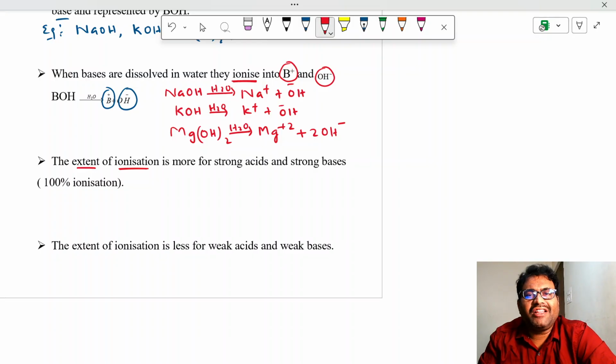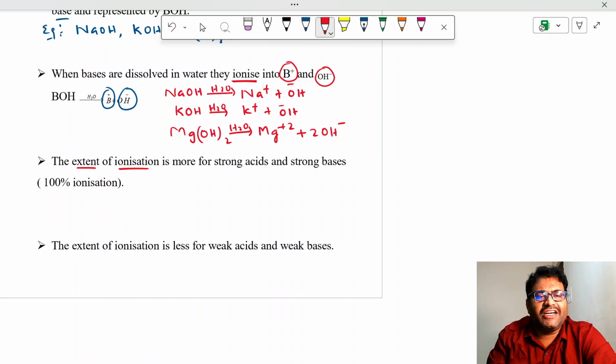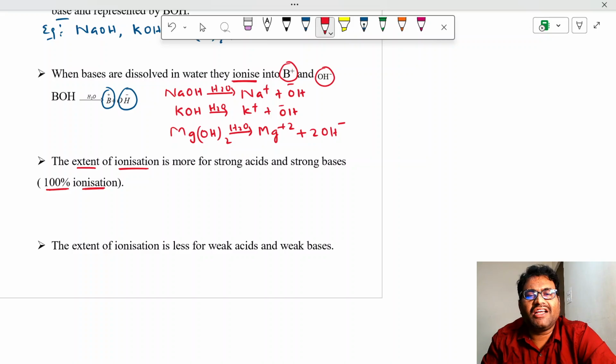When they are ionizing 100%, then they are called strong. They come under strong electrolytes, strong acids, strong bases. So when do we say that they are strong electrolytes? That means strong acids or strong bases. We say that when their alpha is equal to 1.